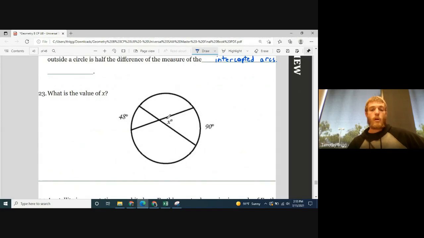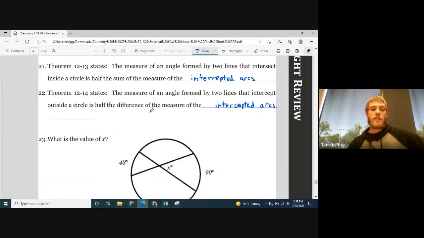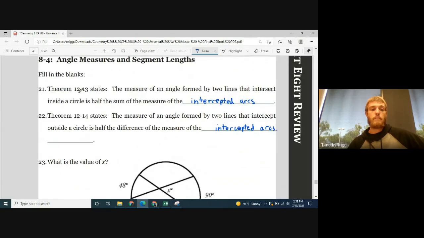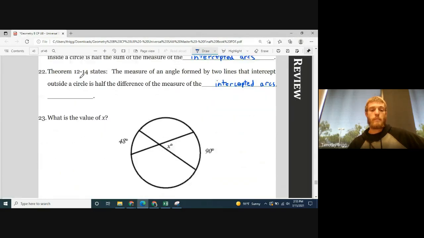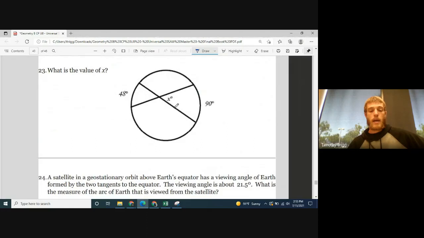Here we're looking for x, and we're basically going to be using this theorem here, 12-13 theorem from question 21. And basically to find this, you just take the average of these two arcs, right? It's the average of these two. So you're going to add those together and divide by 2.